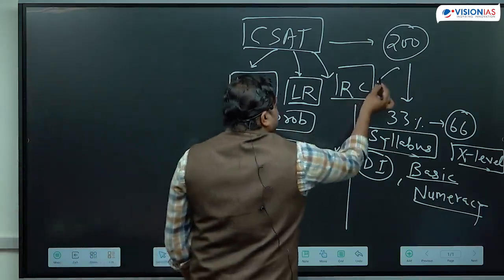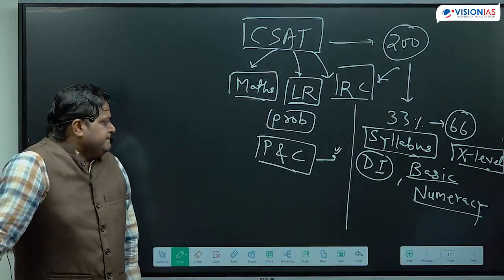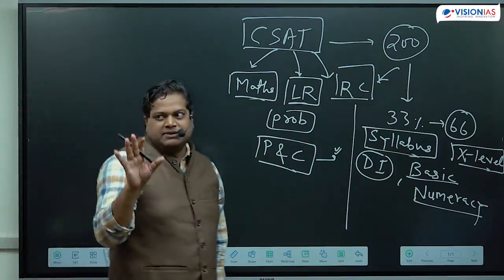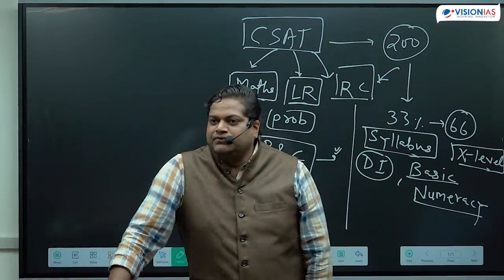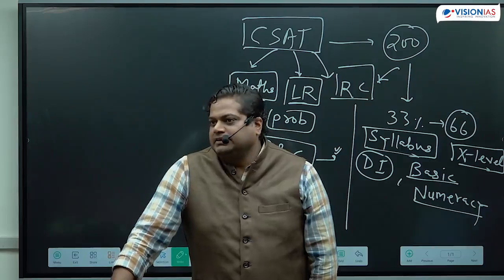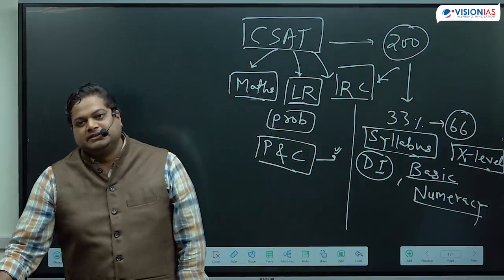Reading comprehension, RC. So last year protests were there कि how difficult a paper you have made. Humanities students are finding it difficult to even cross the barrier of this 33%.